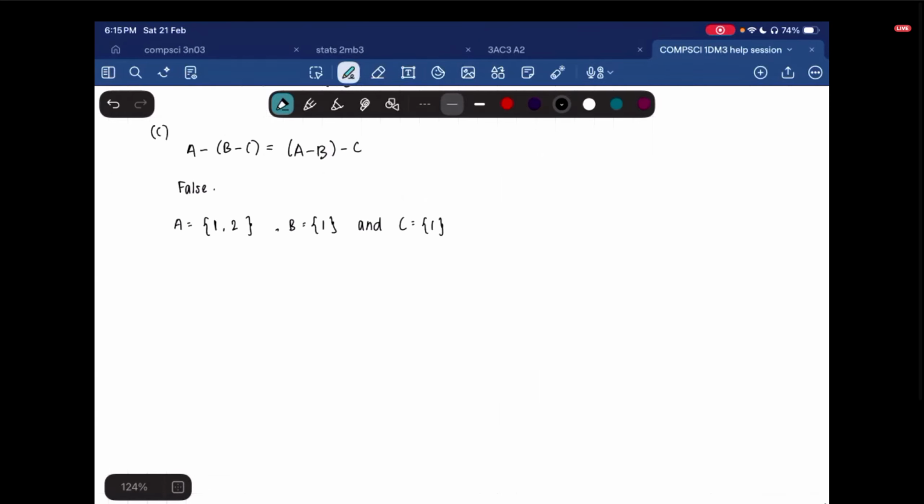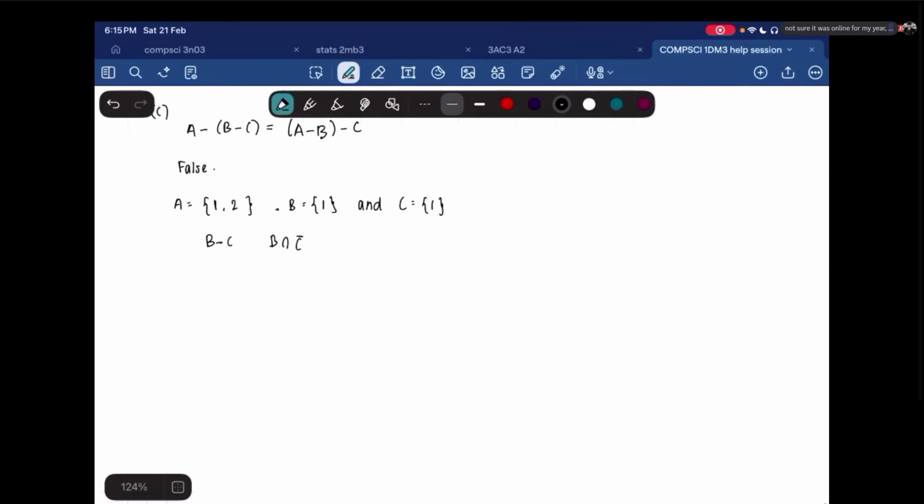We'll compute B minus C first. B minus C is everything that is in B that is not in C. It's B intersect C complement. Sorry, everything that is not in C intersecting with everything in B. Sorry, that was a brain fart.